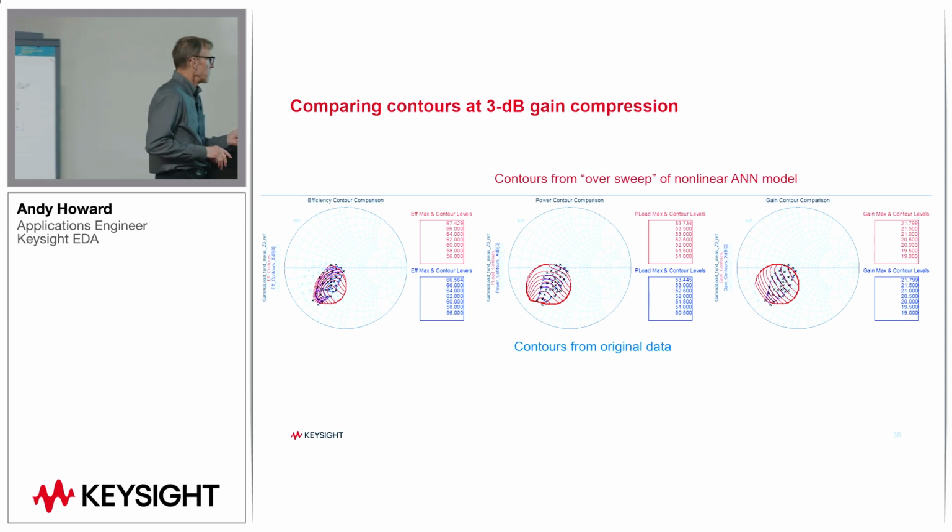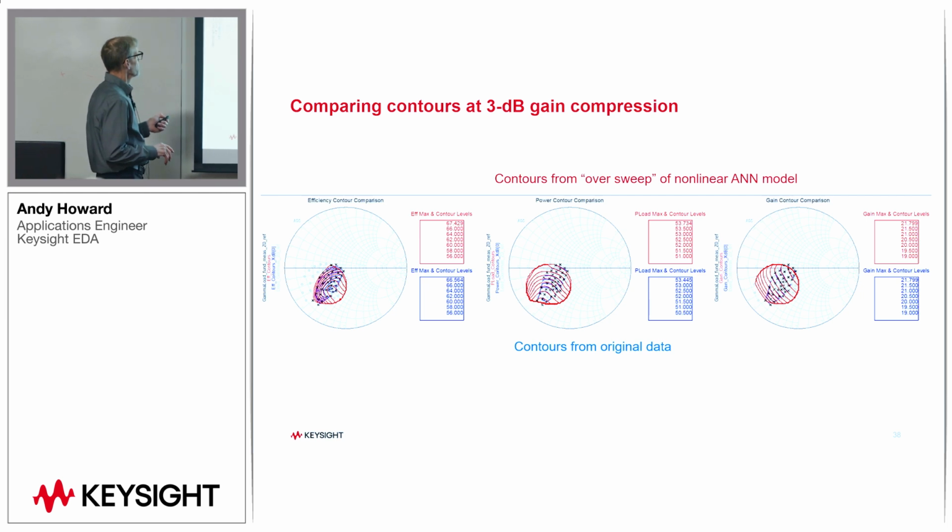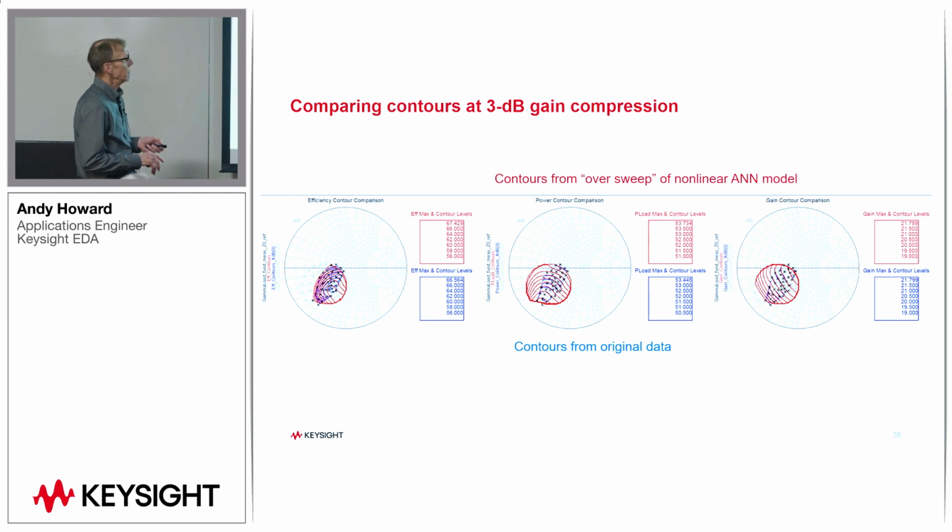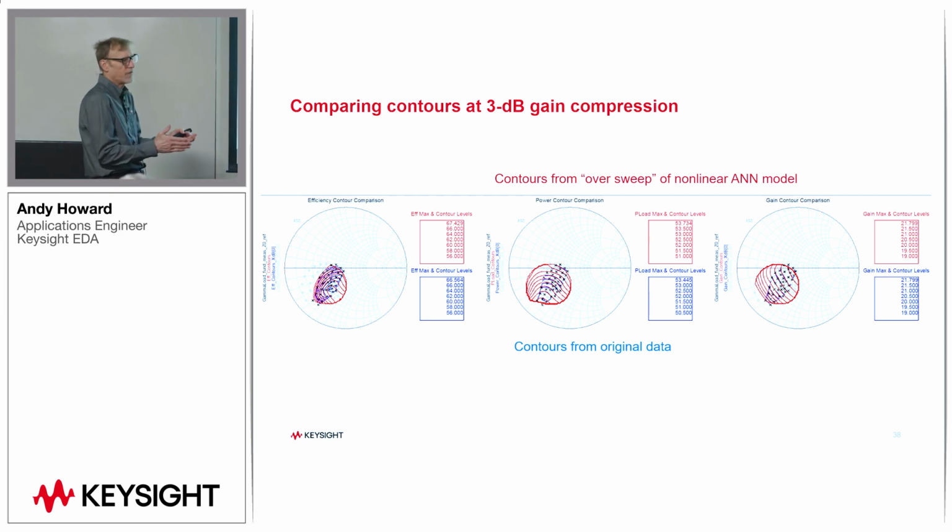This shows the difference in, well, what I did was an oversweep of the load. The X's are the original measured data, and I did a sweep over a larger region of the Smith chart. And what this indicates is that the model degrades gradually. It doesn't just fall off a cliff.